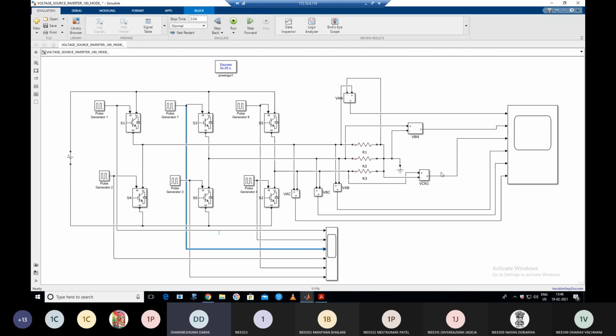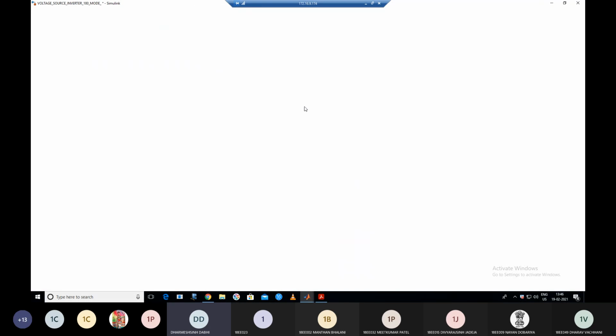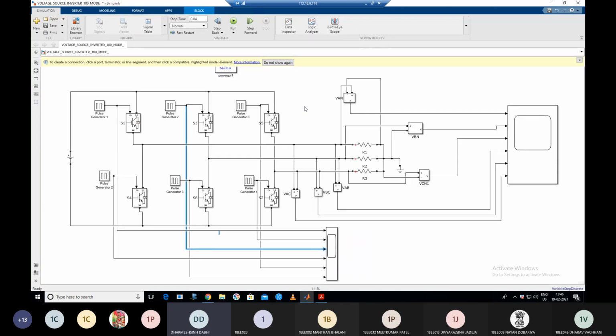Clear? In the same way you can also simulate the 120-degree mode of the inverter. So tell me what you have to do in this simulation of 120-degree mode. What changes are required in this simulation of 180-degree mode to convert it into 120-degree mode? First of all, we need to change the pulse generators of all 6 switches.